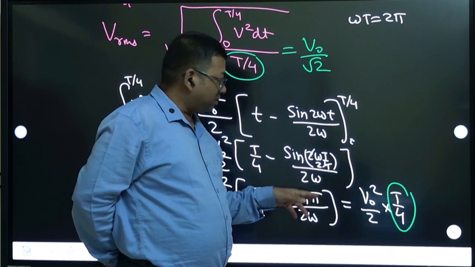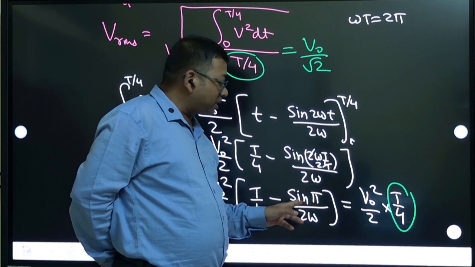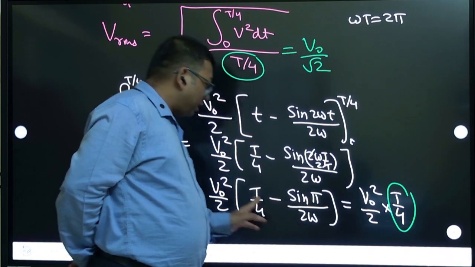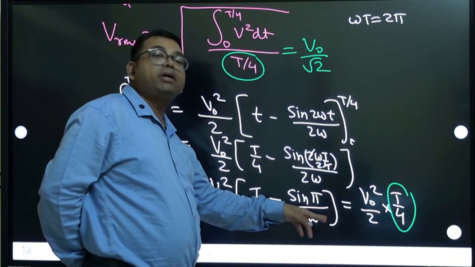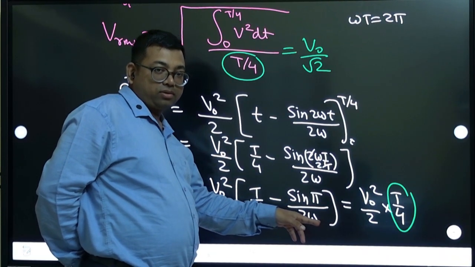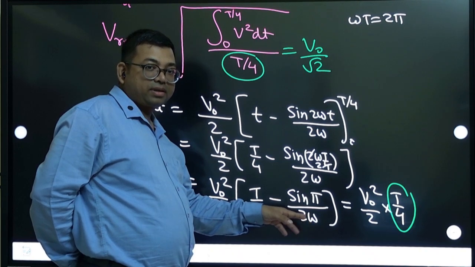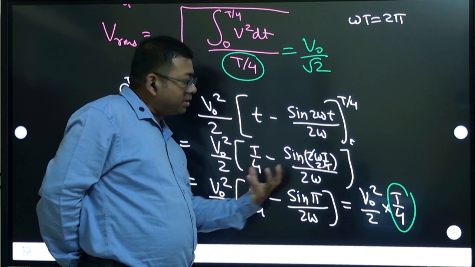One extra half will come. So sine 90 will become 1, and so this will become t by 8 minus 1 by 2 omega will be there. So this will remain like this.